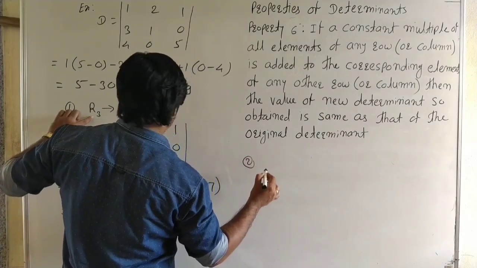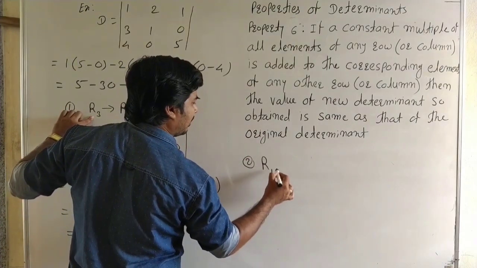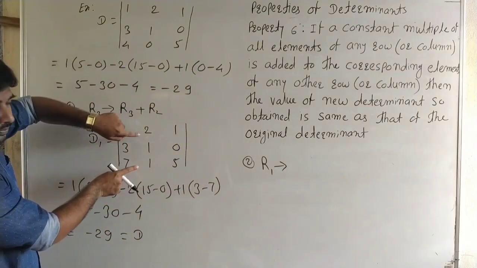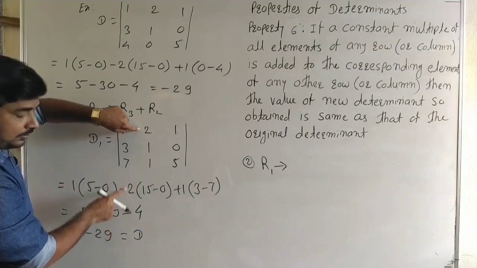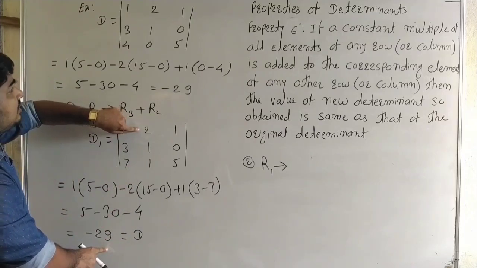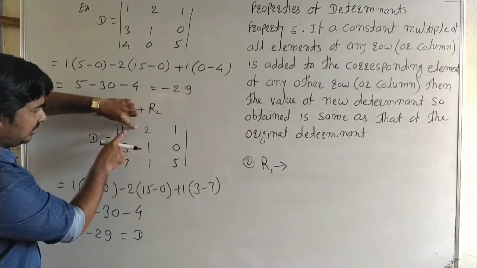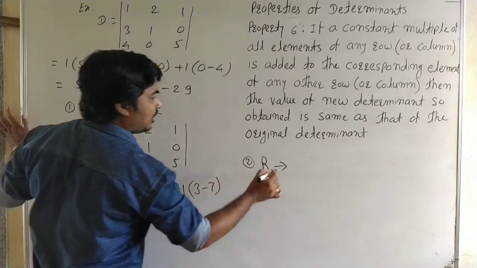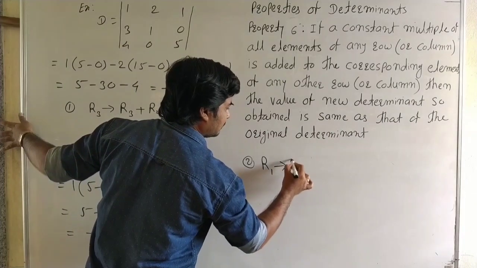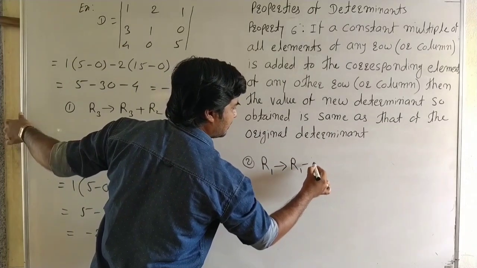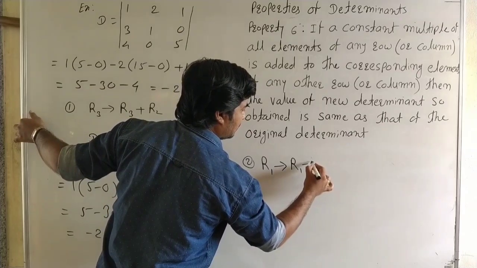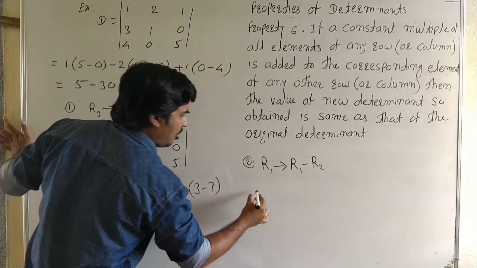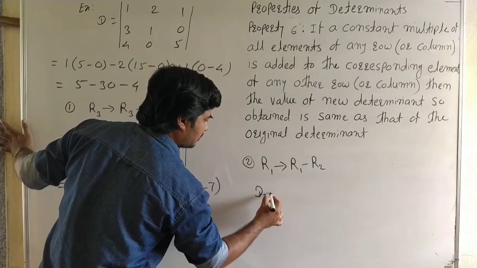Here it is the second transformation. We perform the transformation on this determinant, which is now the original determinant, and its value is minus 29. Now we perform the transformation R1 minus R2. The obtained determinant is, suppose, D2.